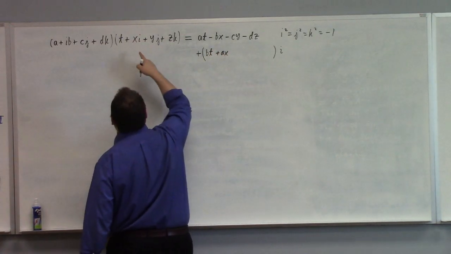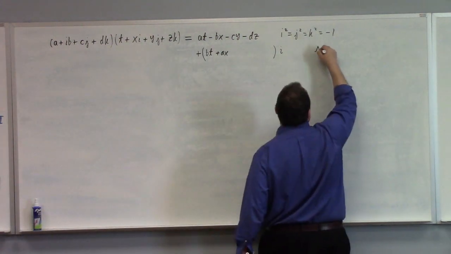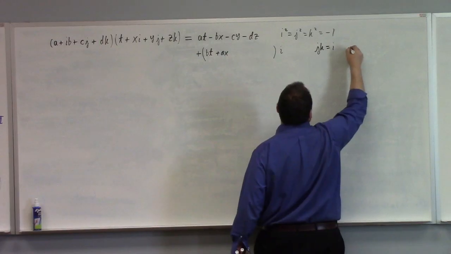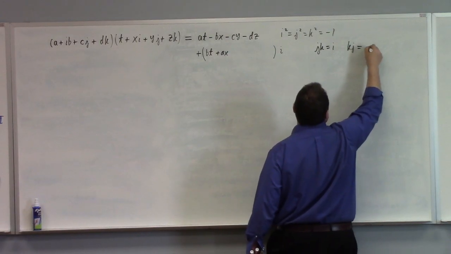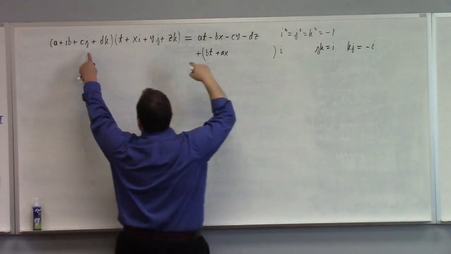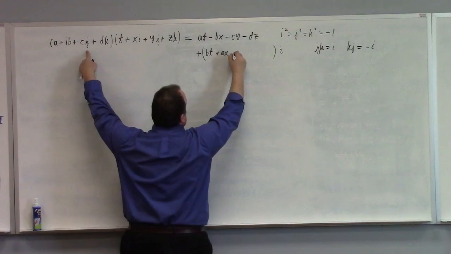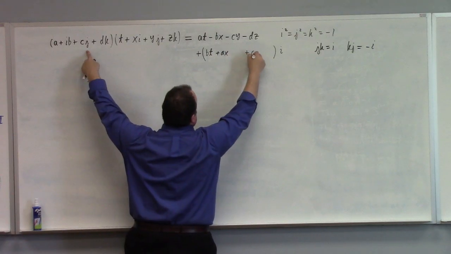What are the two other ways we can get i from this product? j times k is equal to i, and k times j is equal to minus i. Them's the rules, right? So this j with this k gives me a cz. Probably should put that last.